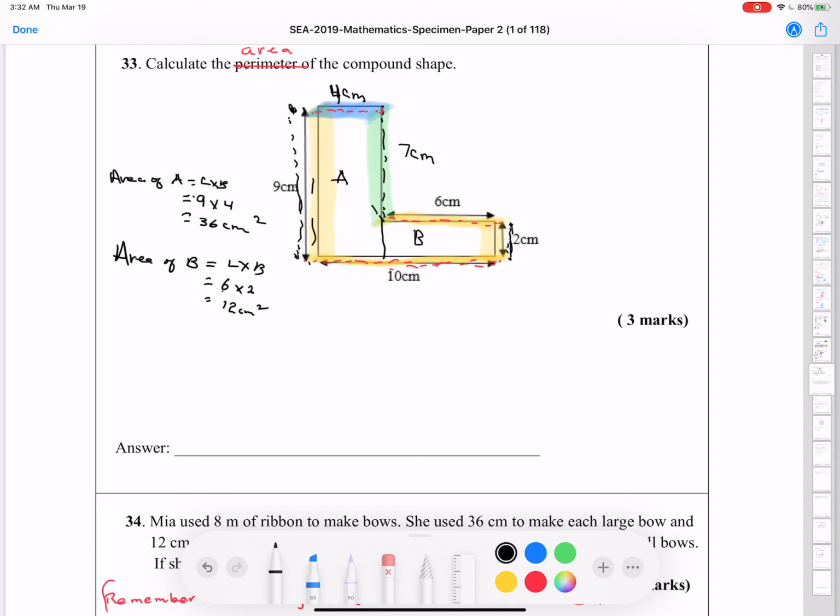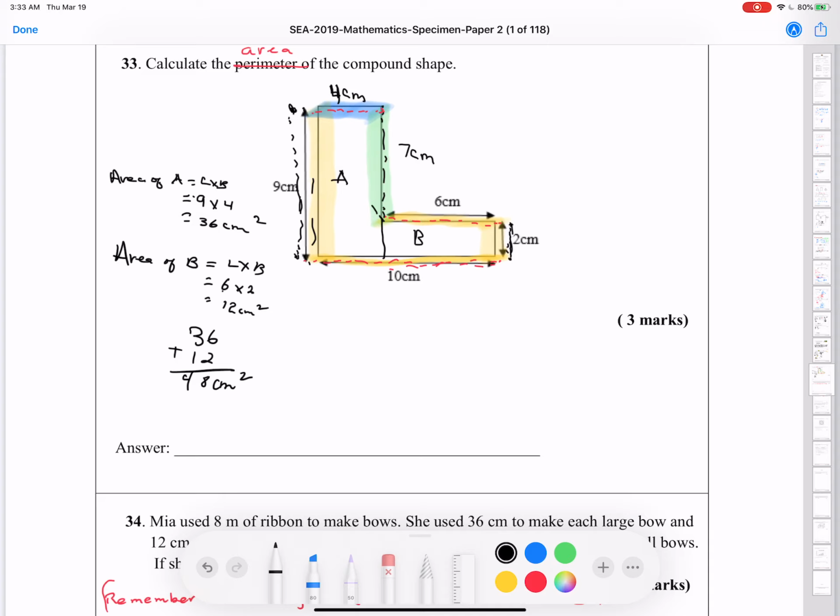How terrible of me. So we add 36 plus 12, which can be done mentally, but I'm going to write it down. 6 plus 2, 8. 3 plus 1, 4. 48 squared centimeters. Pay attention, because I'm going to erase everything and split the shape the other way.